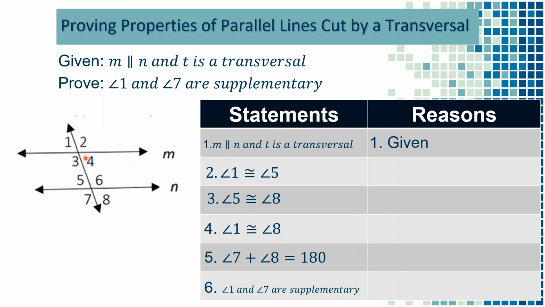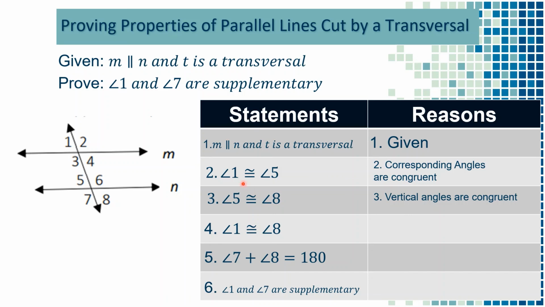Now, what can you say about angle 1 and angle 5? So angle 1 and angle 5 are congruent because corresponding angles are congruent. How about angle 5 and angle 8? So angle 5 and angle 8 are congruent because vertical angles are congruent.